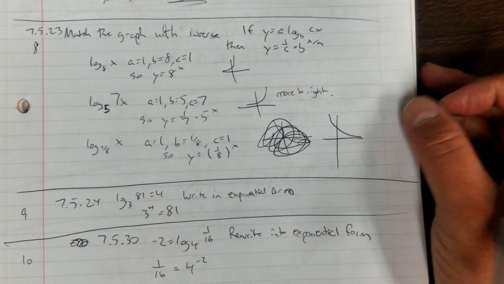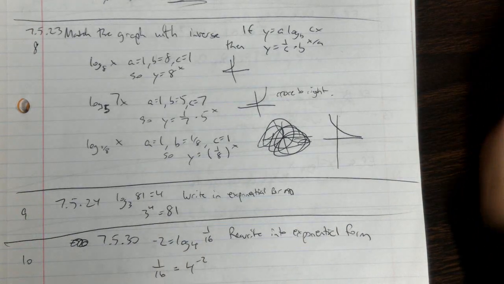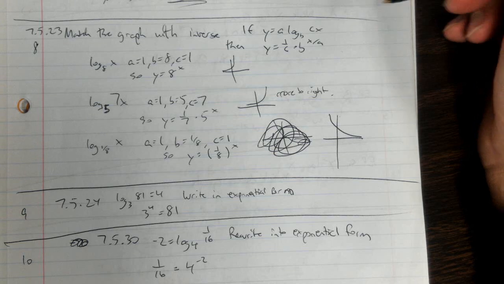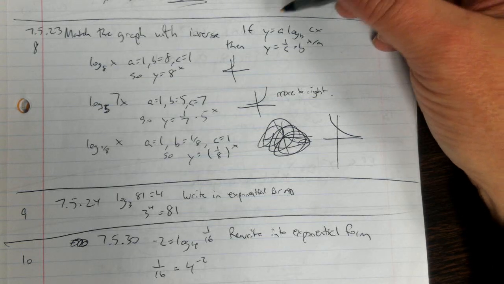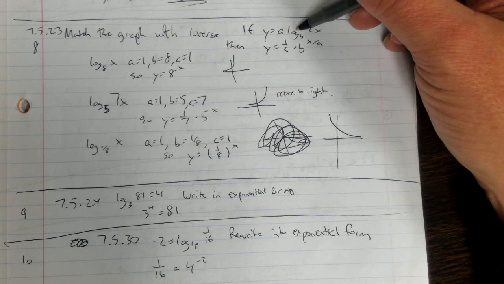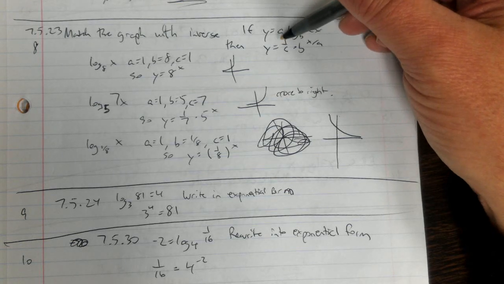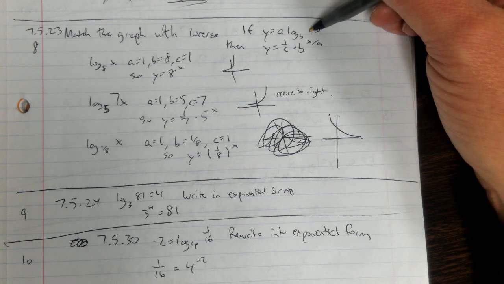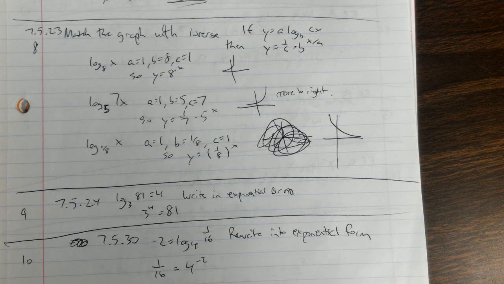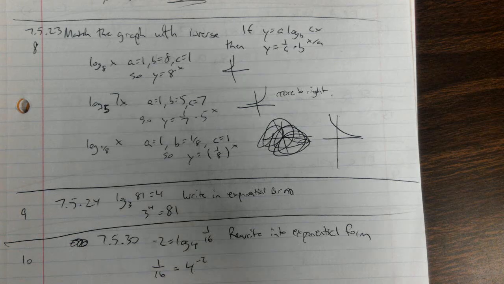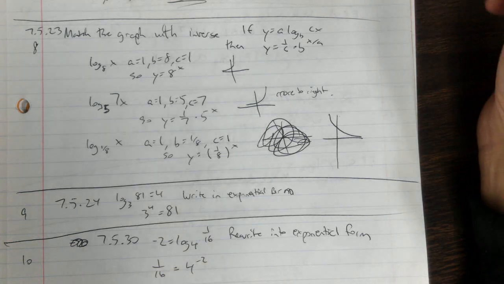The next one, you want to match the graph with the inverse. And this one has a little formula. If you have y equal a log base b of cx, then y equal 1 over c, so basically 1 over your coefficient times your base to the x over a power.